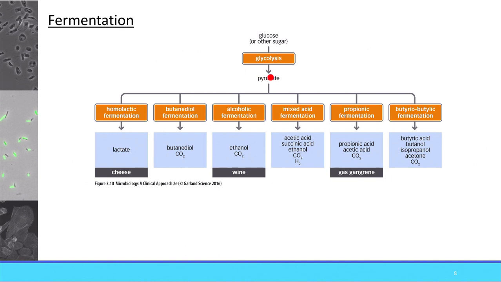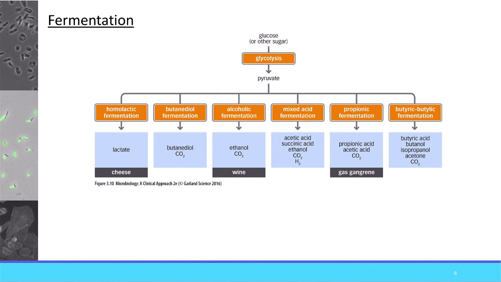From there, depending on what we do with this pyruvate, we can get different types of fermentation. We can have fermentation that results in wine. We can have fermentation that results in gas gangrene. If you take microbiology, we'll talk a little bit about gas gangrene and how that happens. But many microorganisms do this.